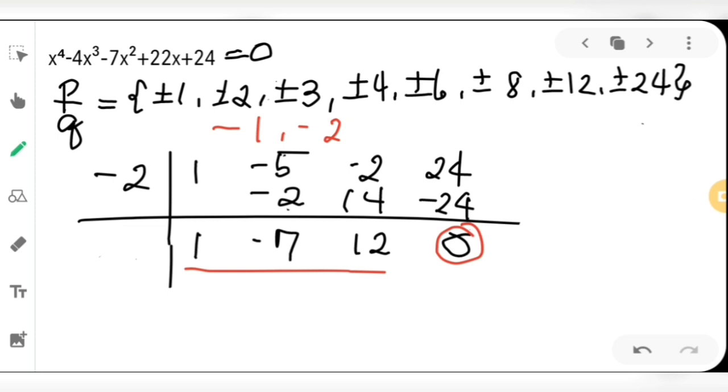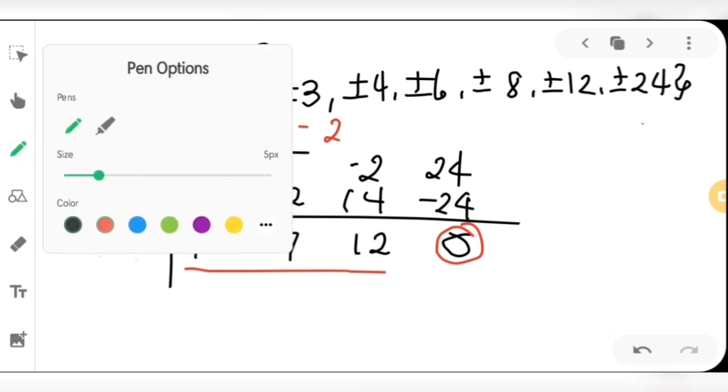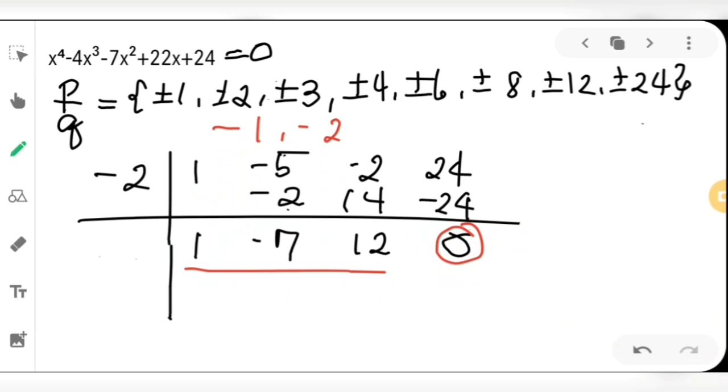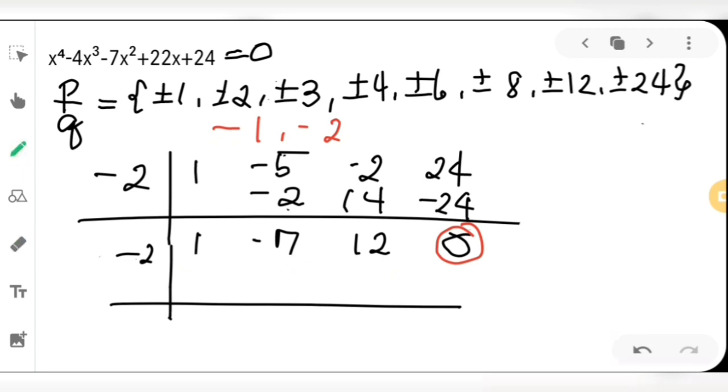Now let us try again negative 2 to check for multiplicity. Okay, we have here 1, negative 7, and 12.